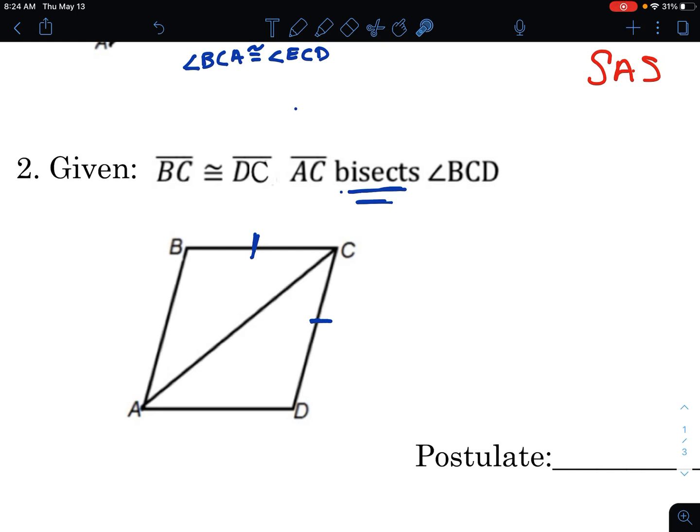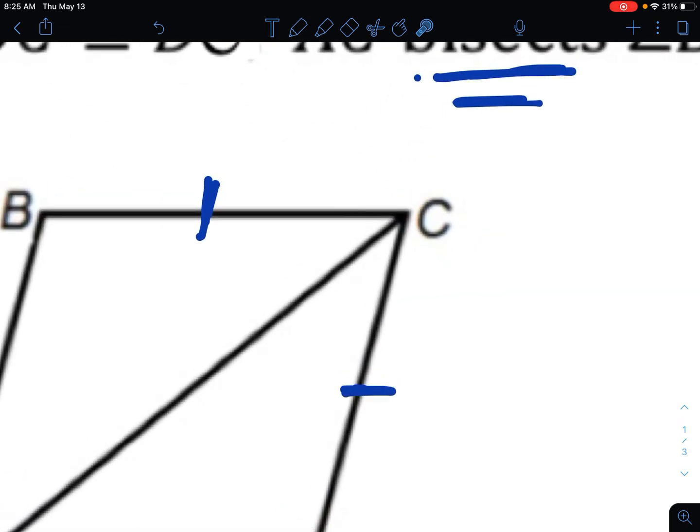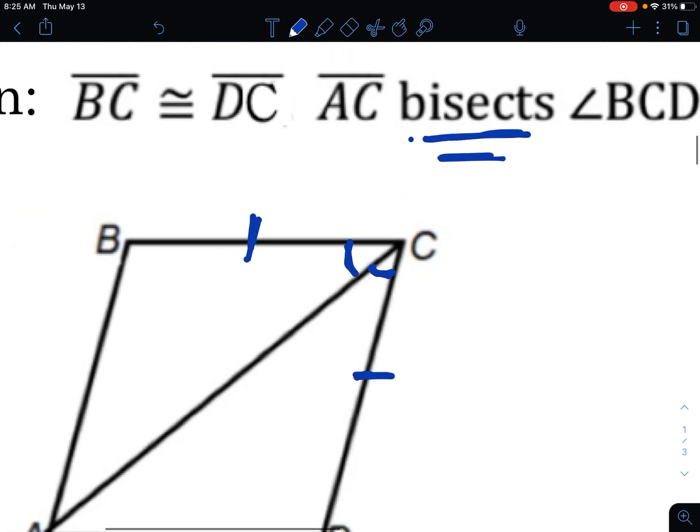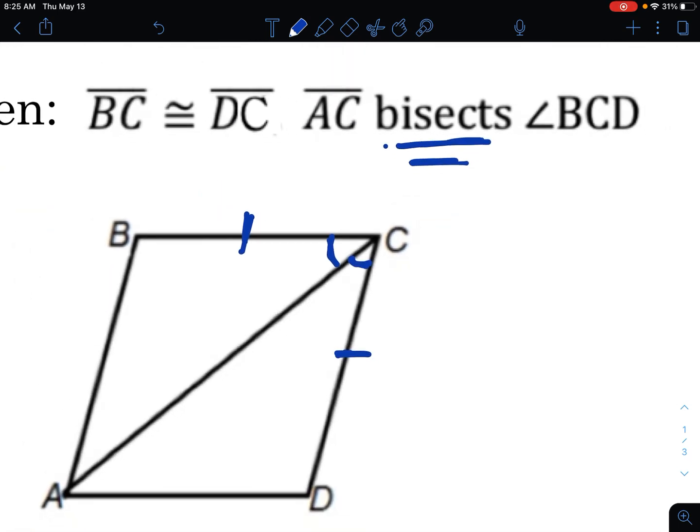We could locate that: B to C to D. That angle gets chopped in half. Well, what does that mean? I know that this angle here is going to be congruent to this angle here. That's what I know, because it said AC bisects BCD.